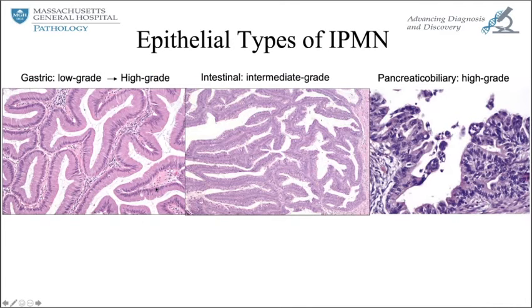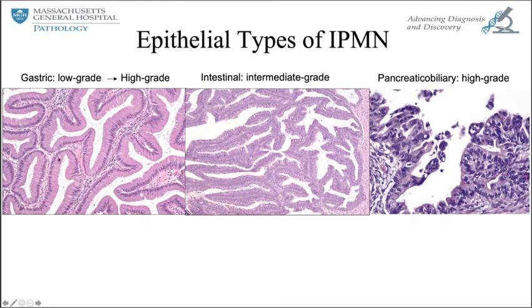Now, there are different epithelial types of IPMNs that we do not necessarily need to specifically identify as gastric or intestinal type or pancreatobiliary type, but we do need to recognize the grade, the degree of atypia in the epithelial lining.